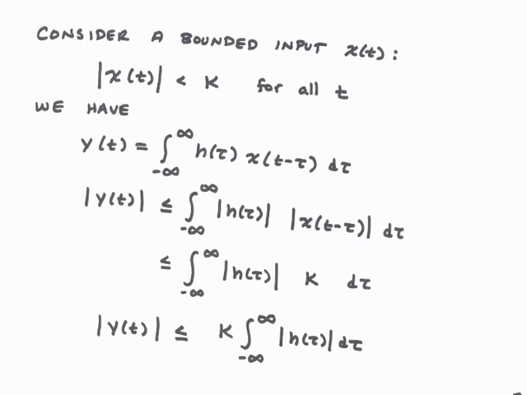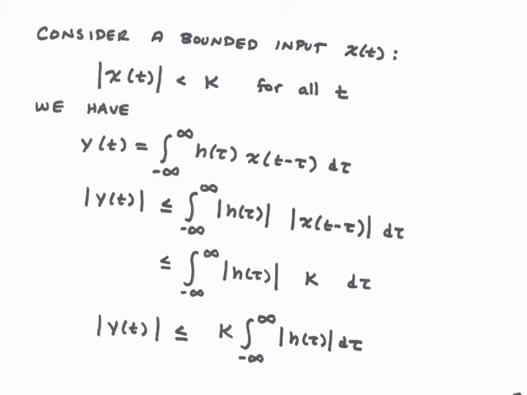That yields the result that the absolute value of y of t is less than or equal to the integral from minus infinity to infinity of the absolute value of h of tau times the absolute value of x of t minus tau, d tau.